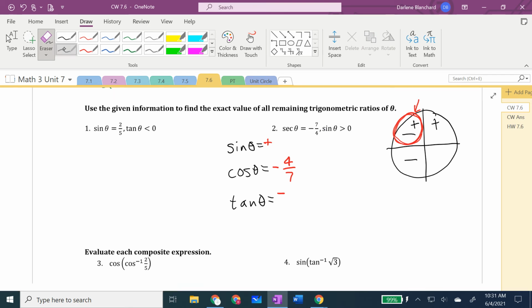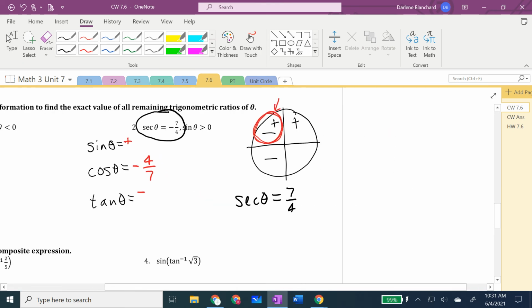Once you know the quadrants, you can ignore the fact that that is a negative 7/4 and focus on just secant theta being 7 over 4 and make a right triangle based on that. So I want to show you 2 ways you can go about it, and then you're going to pick what you like.